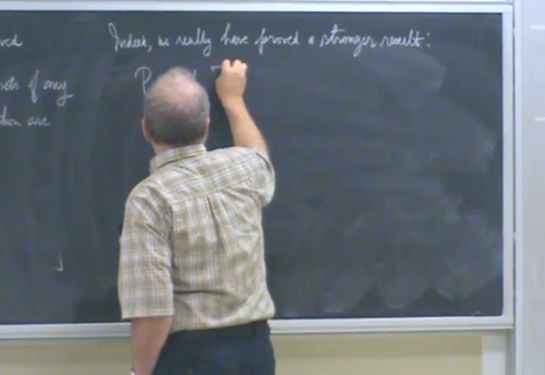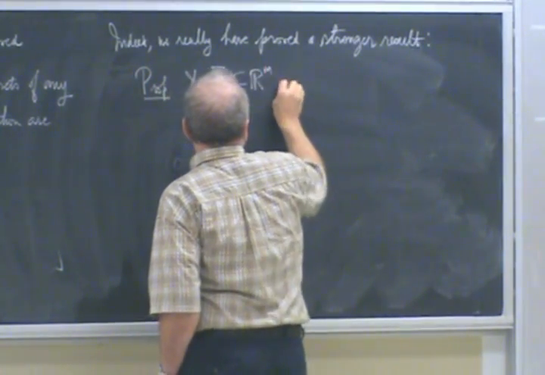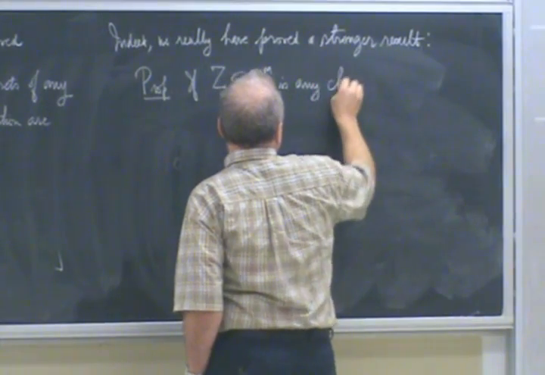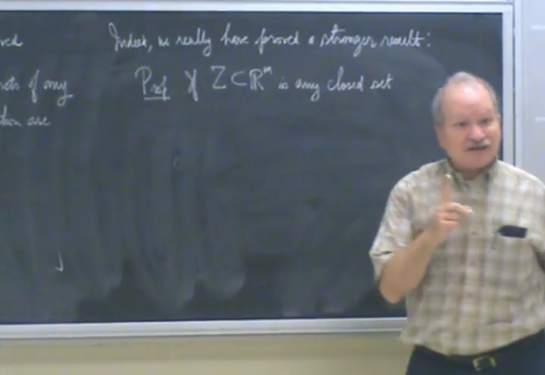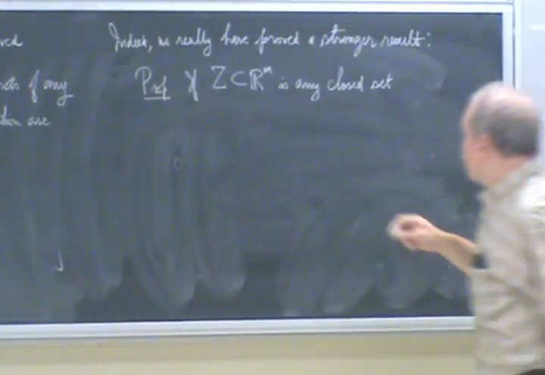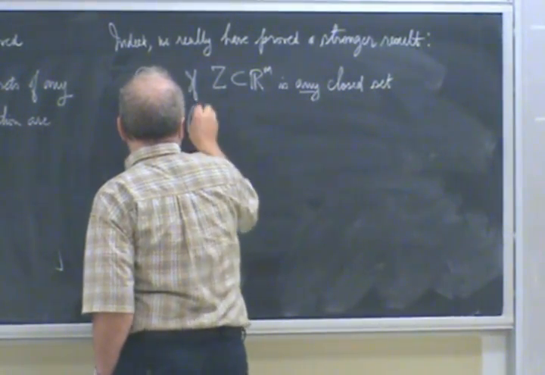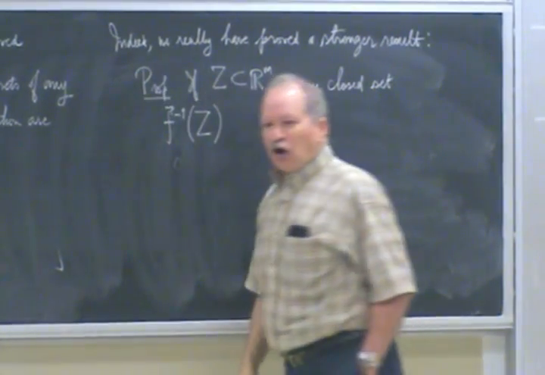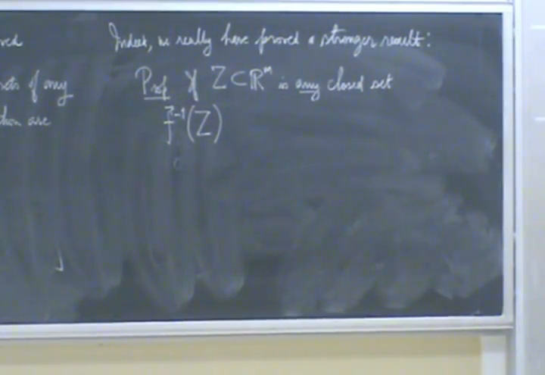If Z is any closed set in the range of your function, not just a point, but any closed set, what can you tell me about the preimage, namely all the x's that map to Z? F is continuous.